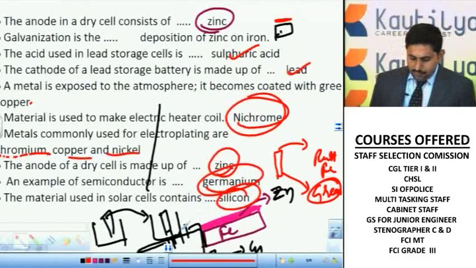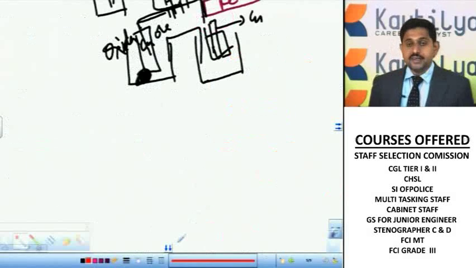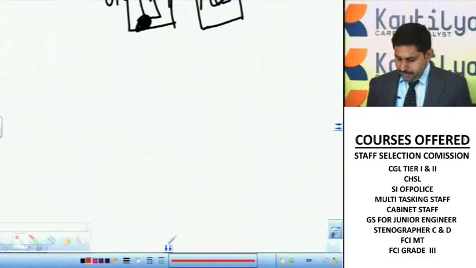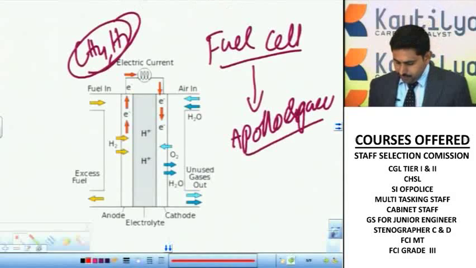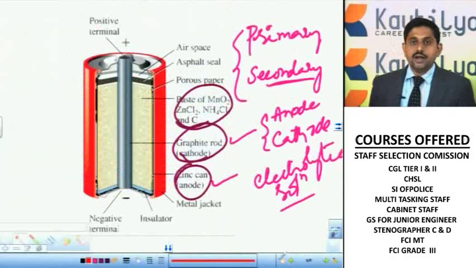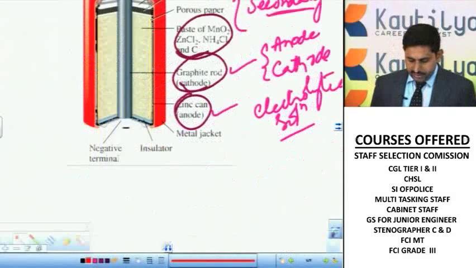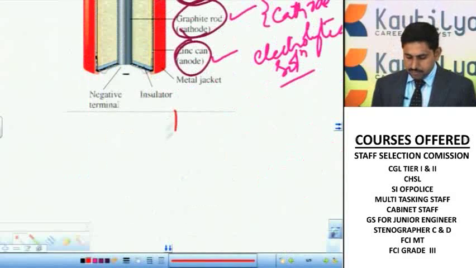Next, one more thing I want to tell here, in the case of the primary battery, we have another kind of battery called button cells.